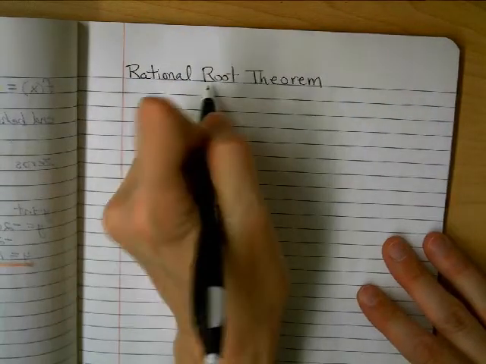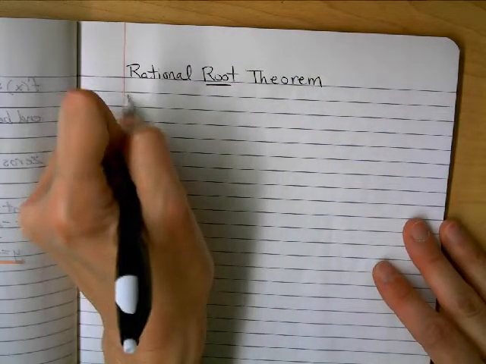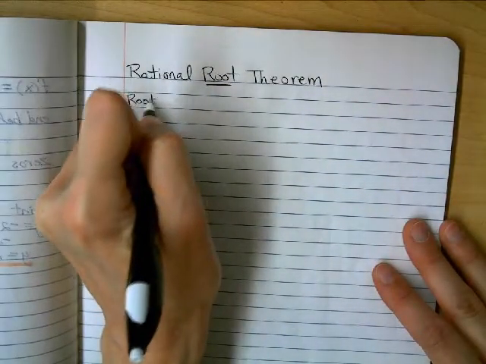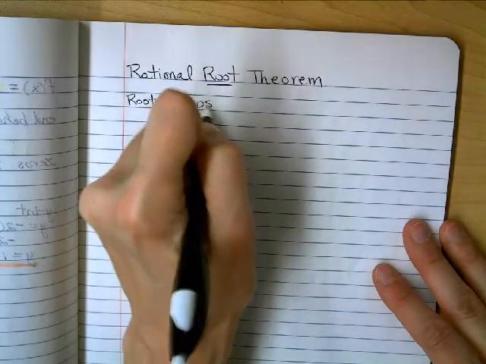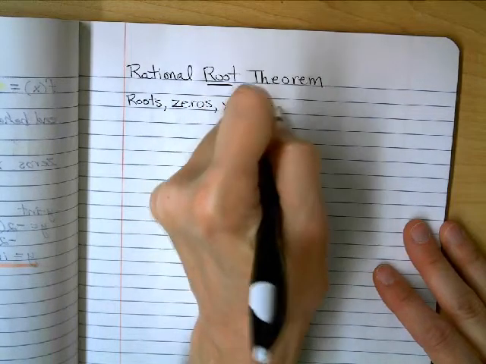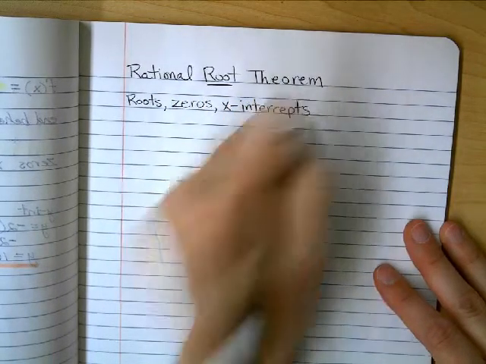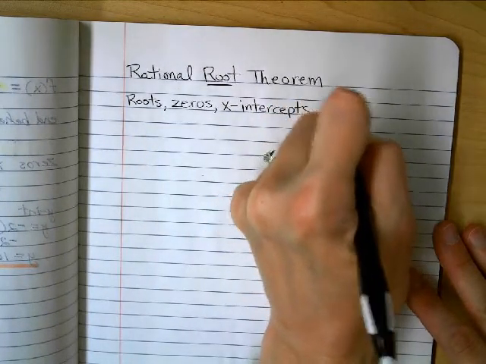So like I was saying, when it says roots, rational root theorem, you have roots or zeros, or they're called x-intercepts. You should know those all mean the same thing: roots, zeros, x-intercepts, solutions.